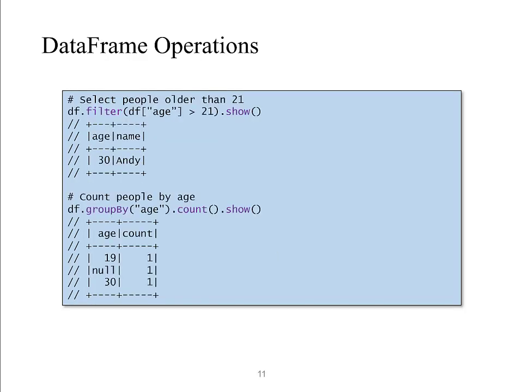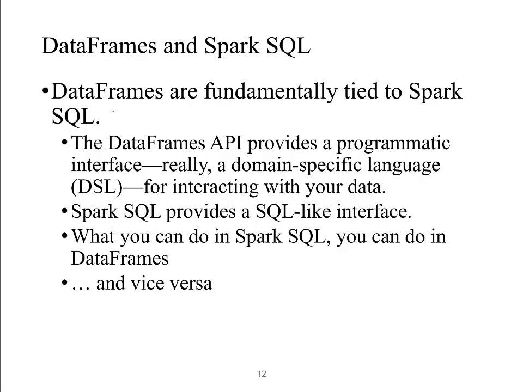And you can select people older than 21, so it is basically a filter, similar to where in SQL. And you can do group by and count, so use this kind of aggregation functions. Well, these are all basic data frame operations.